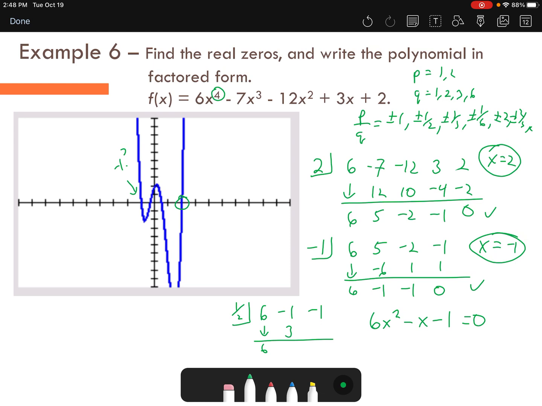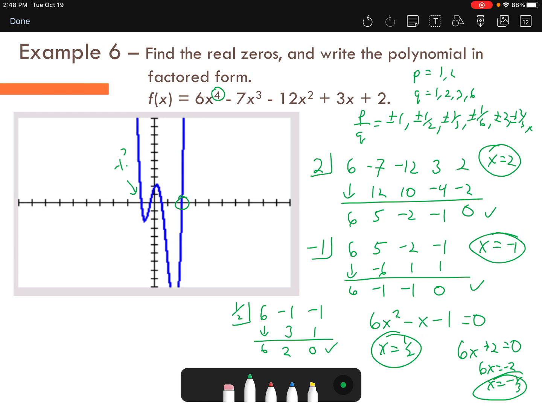And synthetically divide it. 1/2 of 6 is 3. That's 2. 1/2 of 2 is 1. And guess what? It worked. So 1/2 is a 0. That leaves me with 6x plus 2 equals 0. 6x equals -2. X equals -1/3 after I take -2 divided by 6.